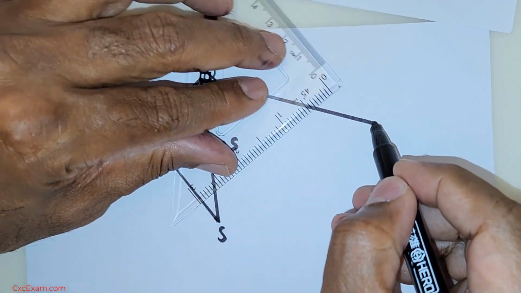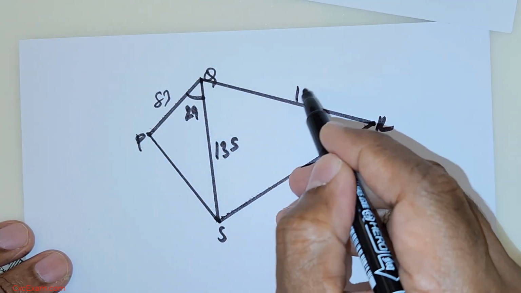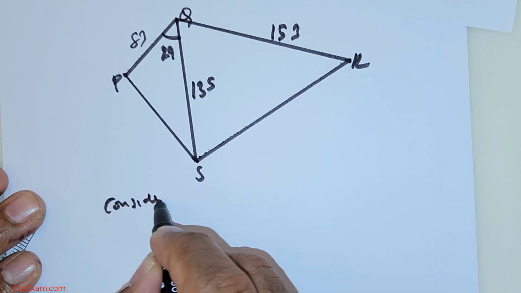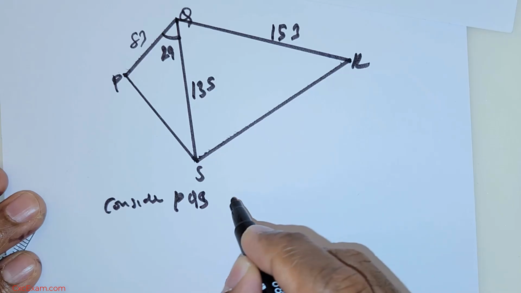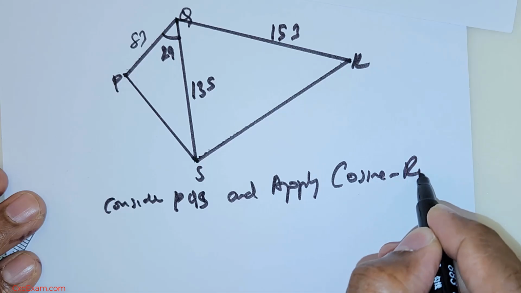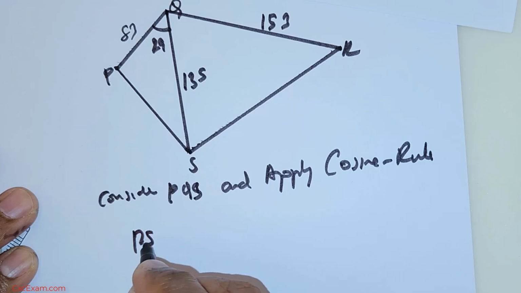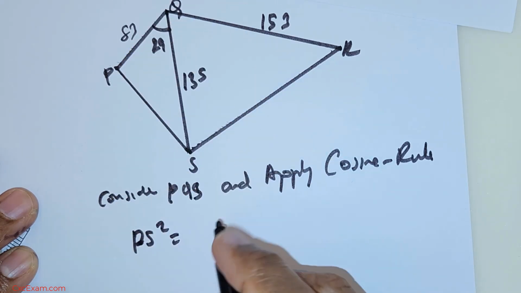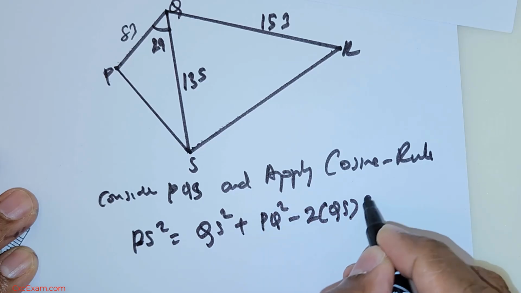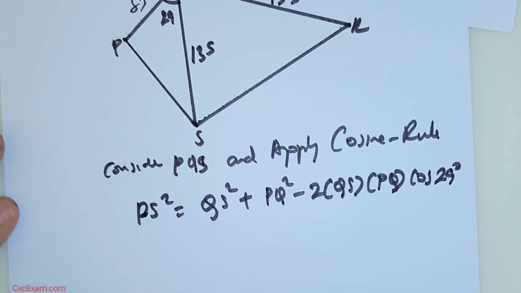So R is somewhere over there, and this is 153 meters. So consider PQS and apply cosine rule. So what is cosine rule? PS squared is equal to QS squared plus PQ squared minus 2 times QS times PQ times cos of 29 degrees. This is the cosine rule.